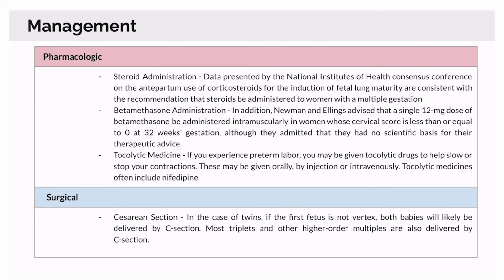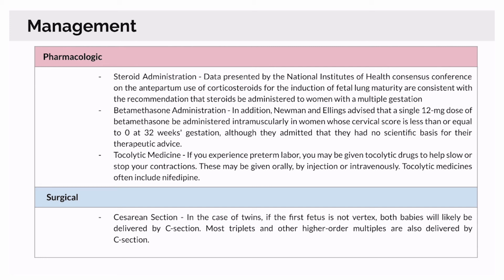Now let's move on to the pharmacologic management. First is steroid administration. Data presented by the National Institutes of Health Consensus Conference on the antepartum use of corticosteroids for the induction of fetal lung maturity are consistent with the recommendation that steroids be administered to women with a multiple gestation.